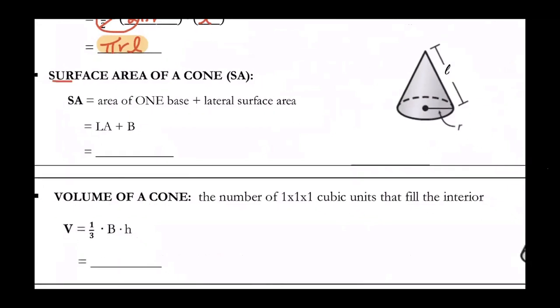Total surface area for a cone: lateral area plus 1 base. The lateral area that we had from up there was pi r L. And then the area of the base, it's a circle, so it's pi r squared.